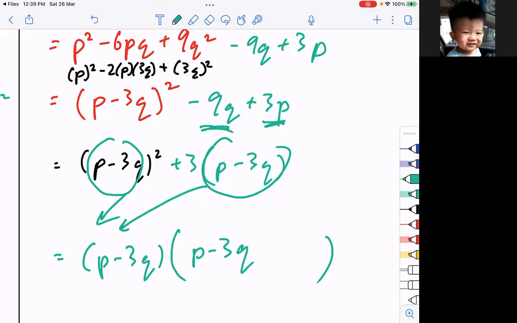What about term 2? Without that P minus 3Q, I'm left with plus 3. This is the answer. And this is very hard. Let's see it. This is extremely hard.